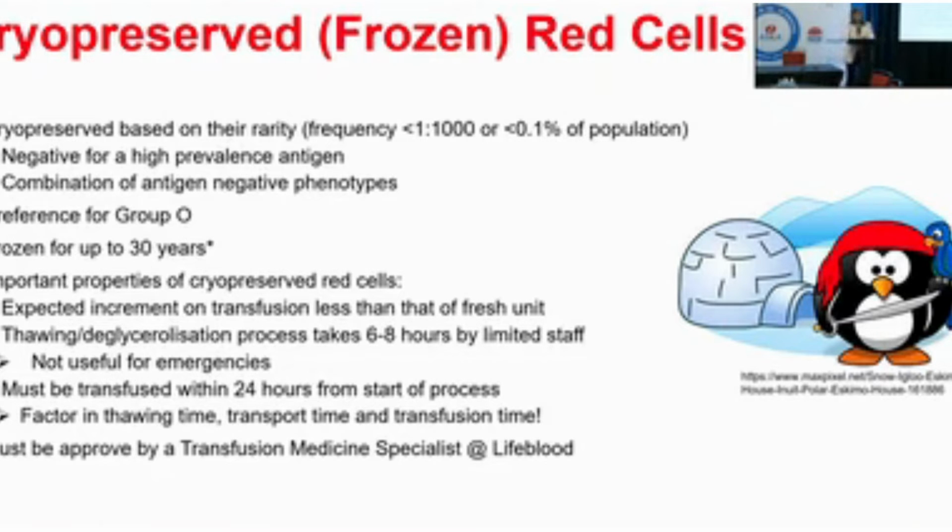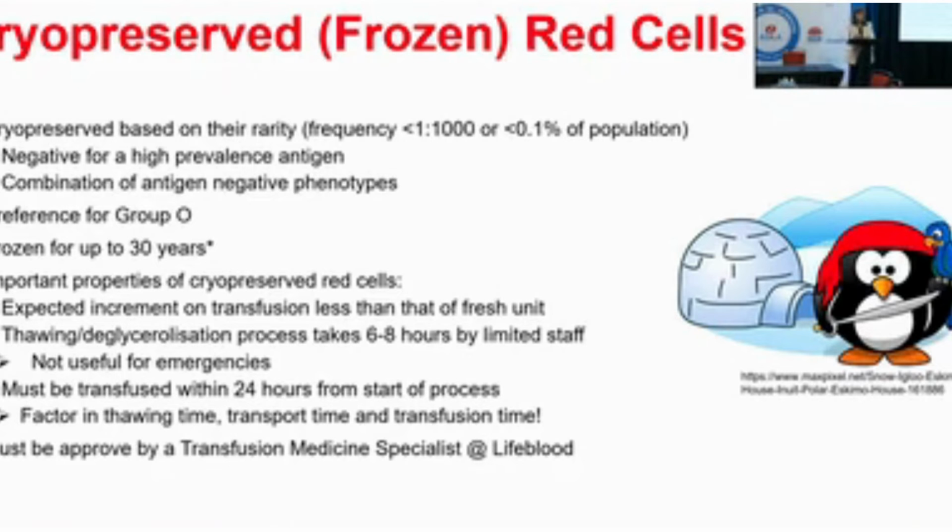It's important to note a few really important things. Number one is that a frozen cell, when we thaw and deglycerolize it, is really not the same increment as a fresh unit. So fresh is always the best unit to use. It takes time. It takes us at least 6 hours for one unit to be thawed and deglycerolized, and we need staff for that, and we have limited staff trained in this process because it's quite intensive.